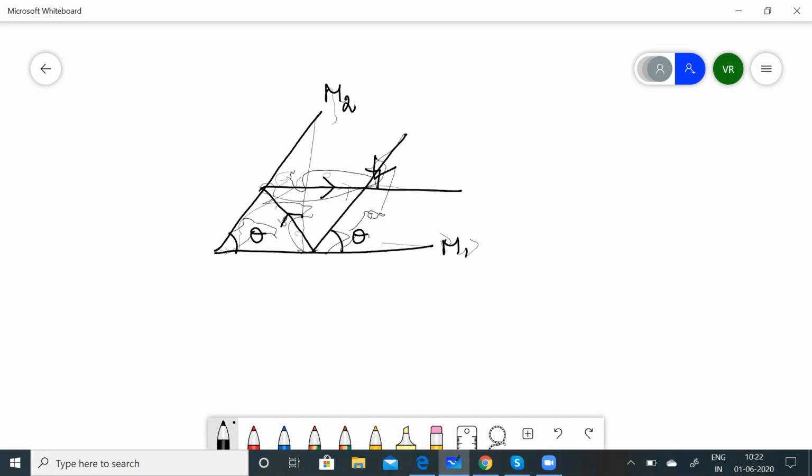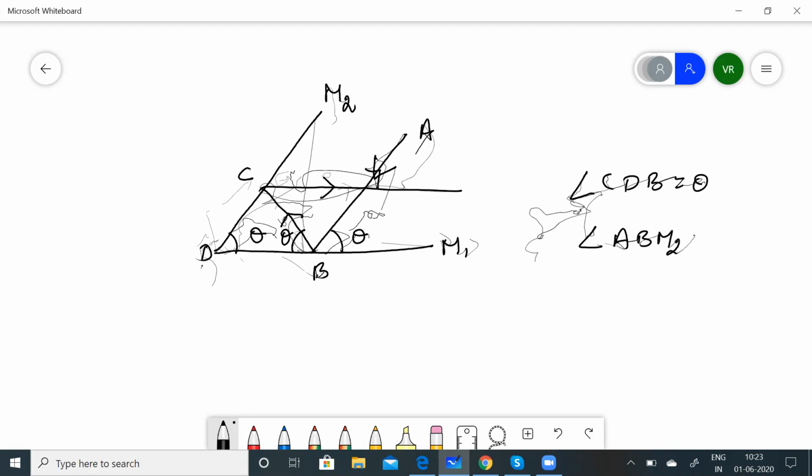Now this angle is theta. Obviously, this angle is also theta. Let me mark the points A, B, C and D. Let us take the angle CDB to be equal to theta. Since AB is parallel to this mirror, angle ABM2 is also equal to theta because they are corresponding angles.